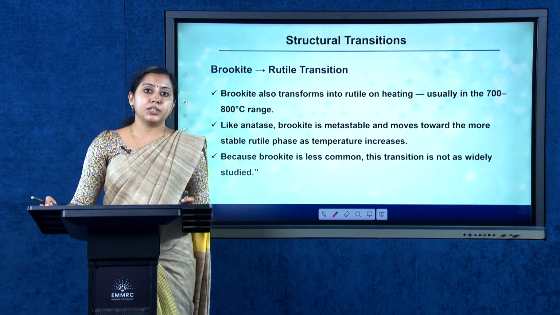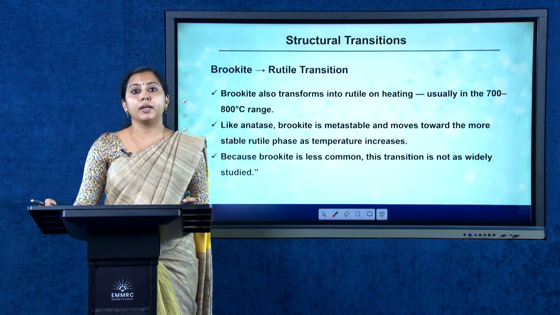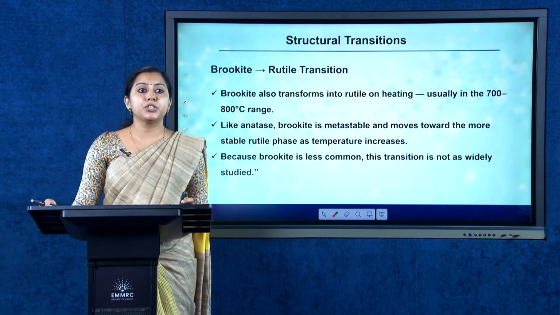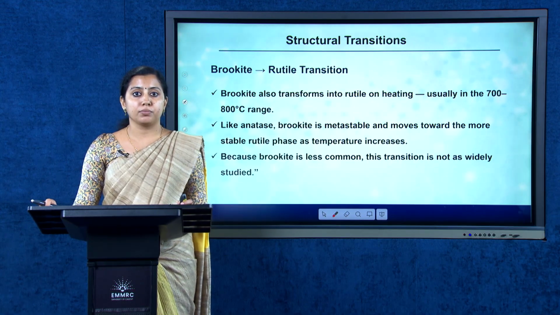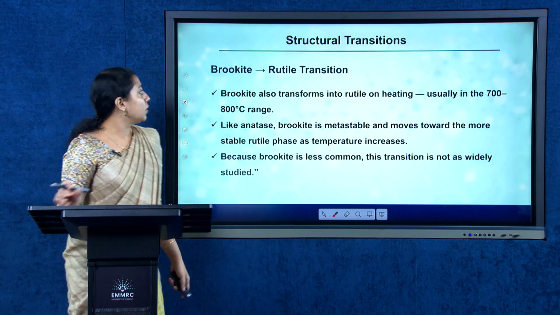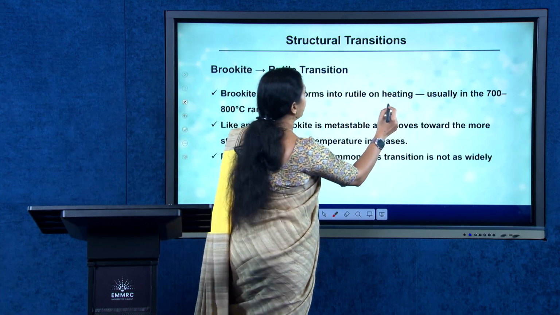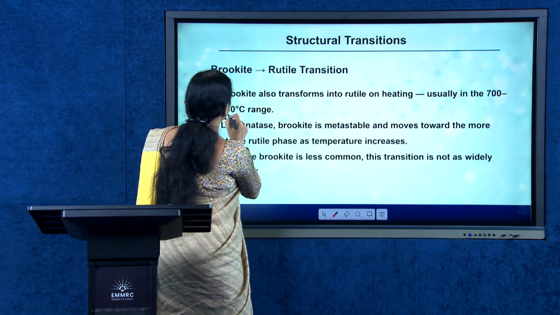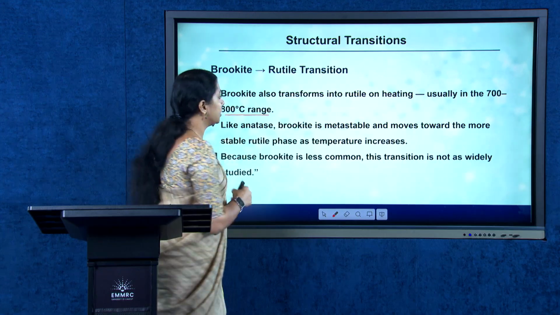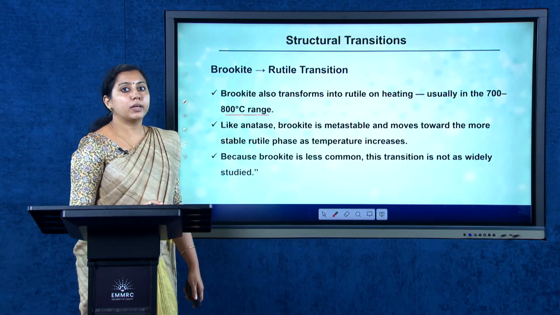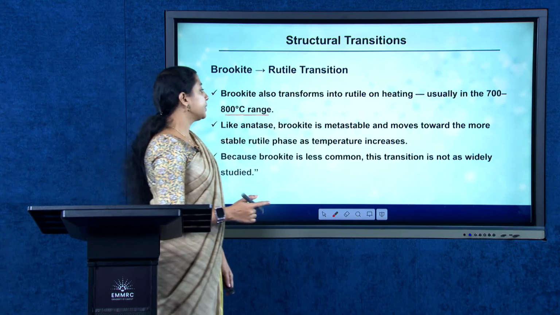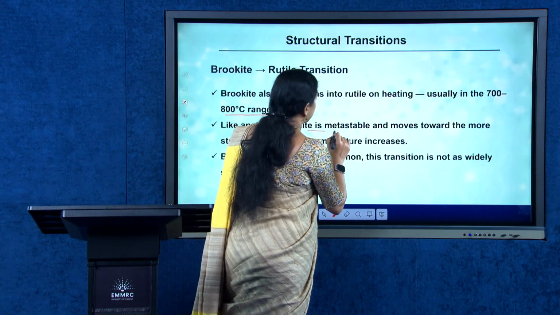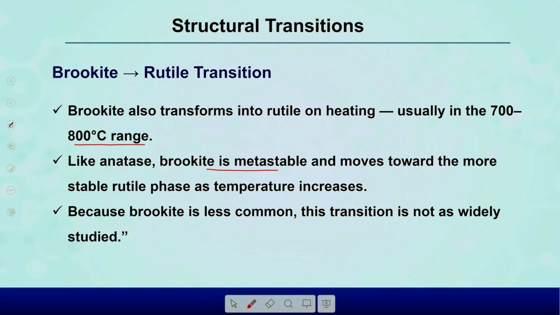Another structural transition occurring in TiO2 is the brookite to rutile transition. Brookite also transforms into rutile on heating, usually in the 700 to 800 degrees Celsius range. We have seen that like anatase, brookite is also metastable, that means it can easily get converted into the rutile form. So, it moves towards the more stable rutile phase as temperature increases.